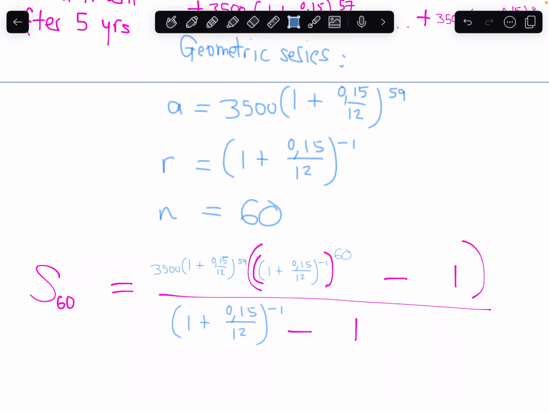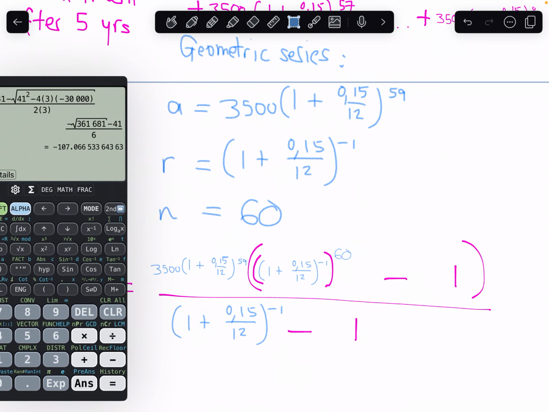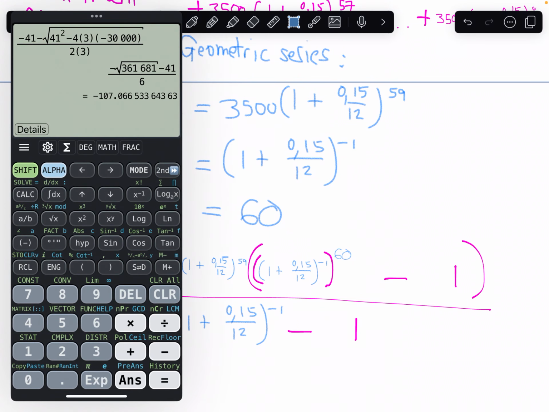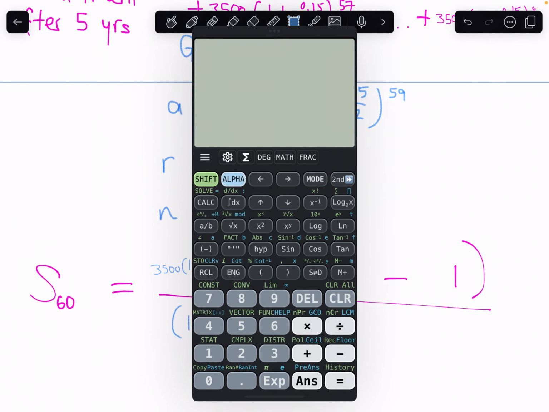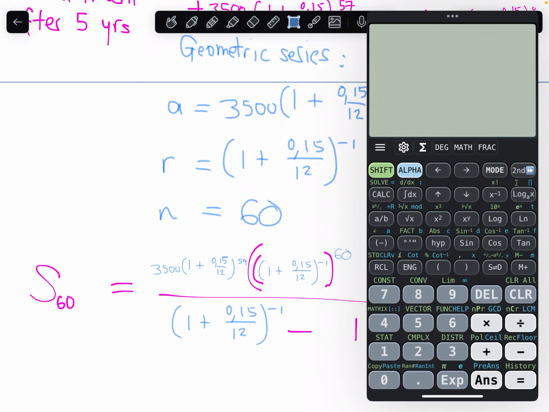So this is something that we can now go ahead and punch into our calculator. Hopefully it does not freak out. Let me start typing here.